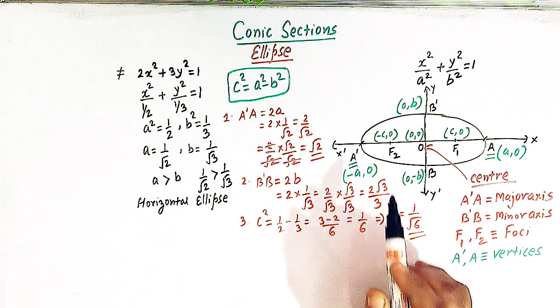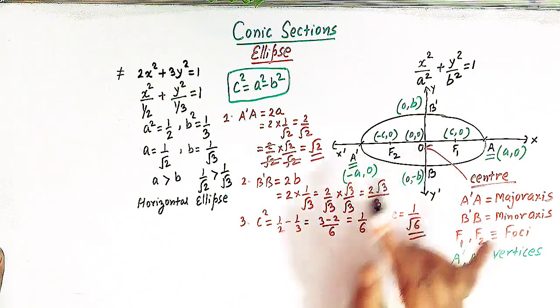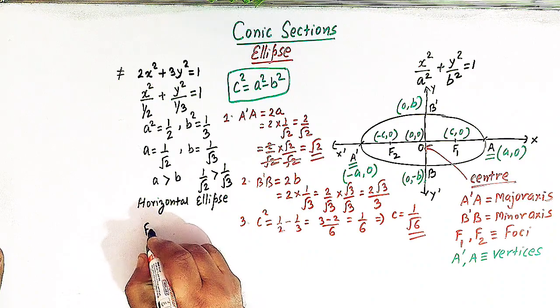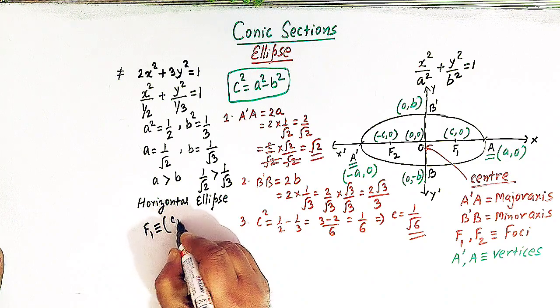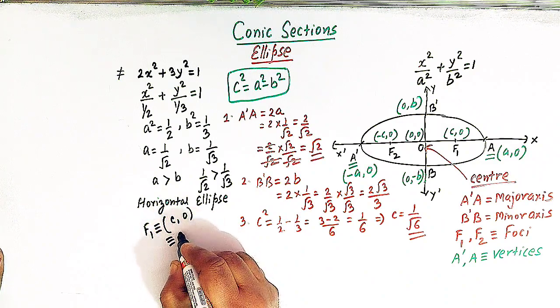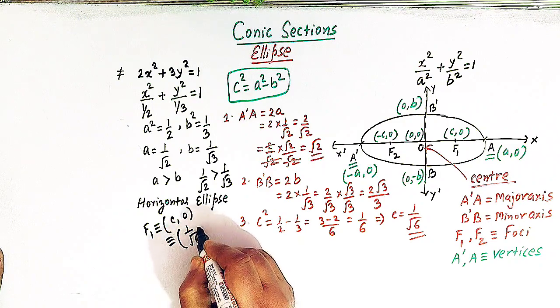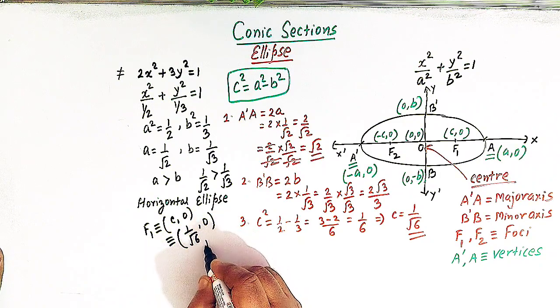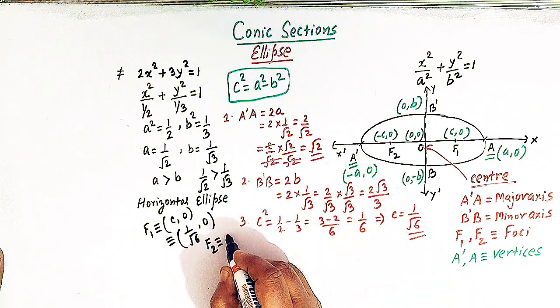Now let us find out the coordinates of the foci, that is F1 and F2. So we have F1 is given by c comma 0. So here we have the value of c, that is 1 over square root of 6 comma 0, and F2 has the coordinates minus c comma 0.